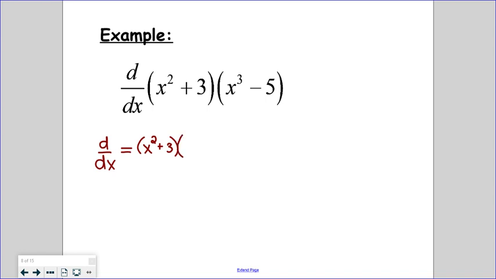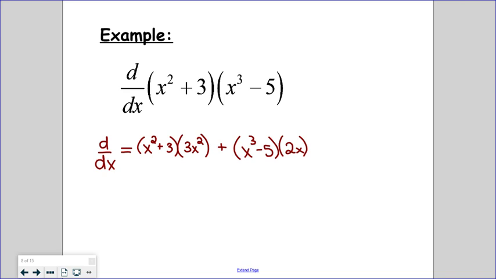I can apply my power rule. Its derivative would be 3x, subtract 1 from the exponent, squared, and the derivative of 5 would be 0, plus our second function, which is x cubed minus 5, times the derivative of the first. And again, the first is just a polynomial that I can apply my power rule to, and I would get 2x.